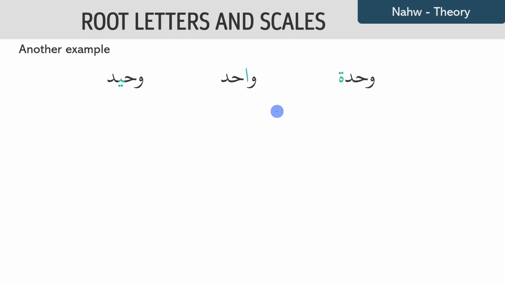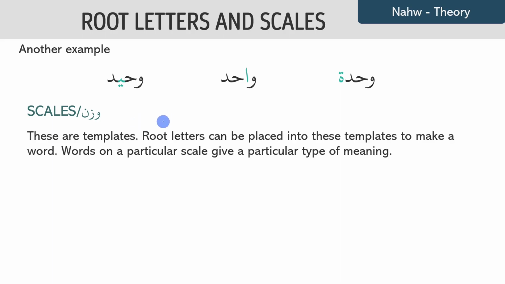The recognition of root letters gets better with practice and also by identifying scales. Scales are known as wazan in Arabic, and the plural is awzan. These are templates. Root letters can be placed into these templates to form a word, and words on a particular scale give a similar type of meaning, and I will give you an example of that.